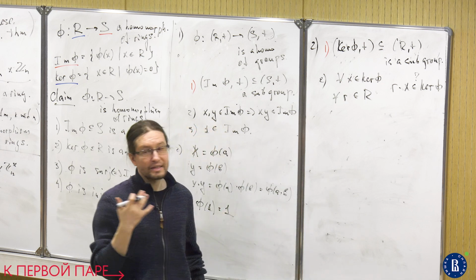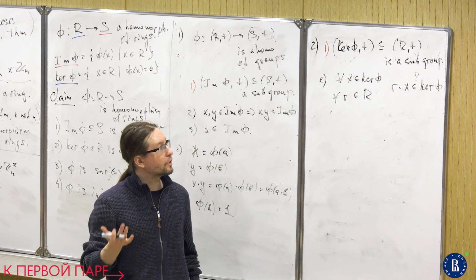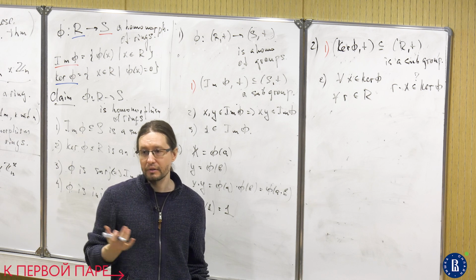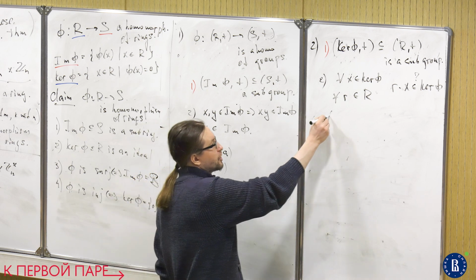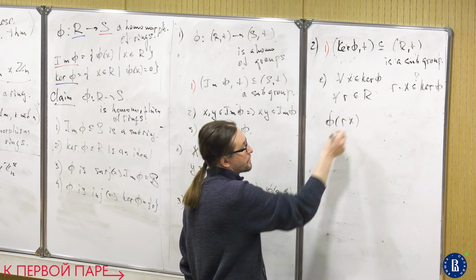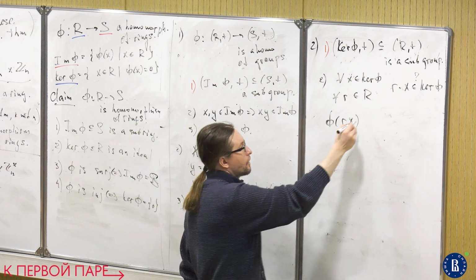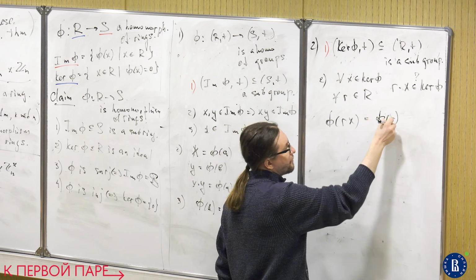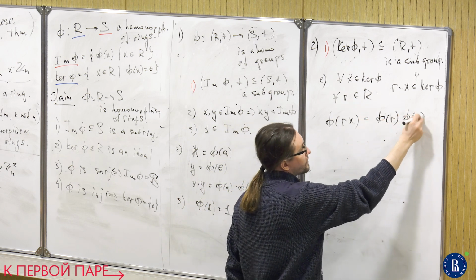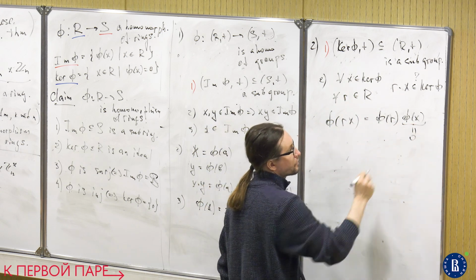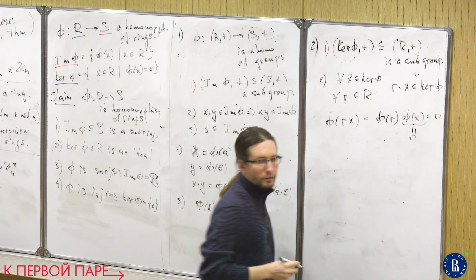Well, in order to show that something belongs to the kernel, we need to apply phi to this element, and if the result is 0, then this element is in the kernel. So let's check if phi of Rx is 0. Now, since phi is a homomorphism, this is the same as phi of R times phi of x, but since x is in the kernel, the second factor is 0, so the product must be 0.